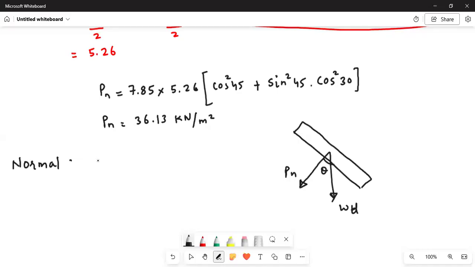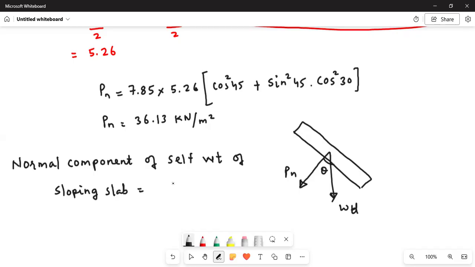So the normal component of self weight of the sloping slab equals Wd into cos theta.